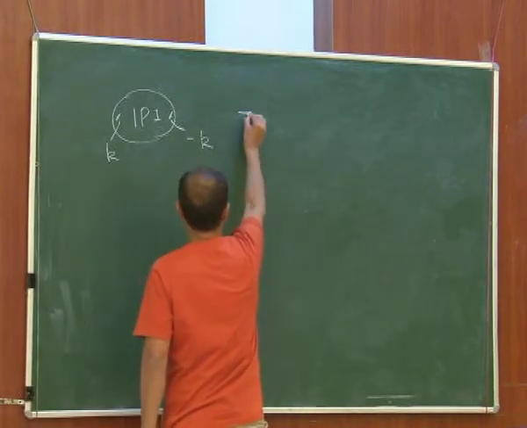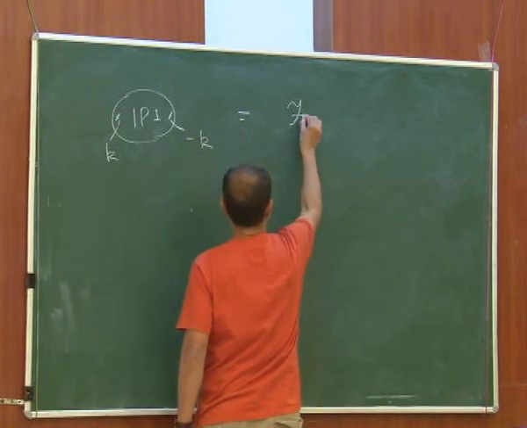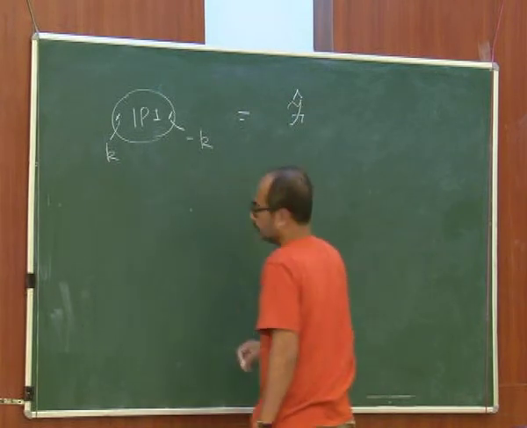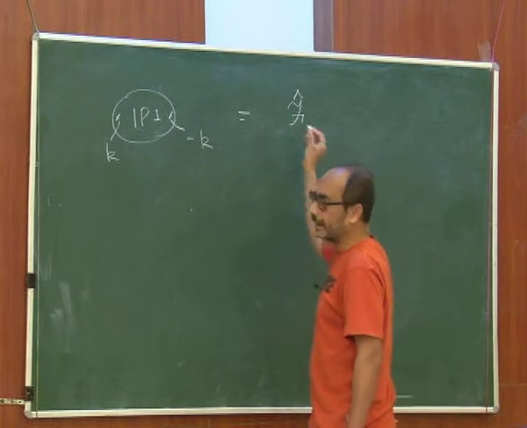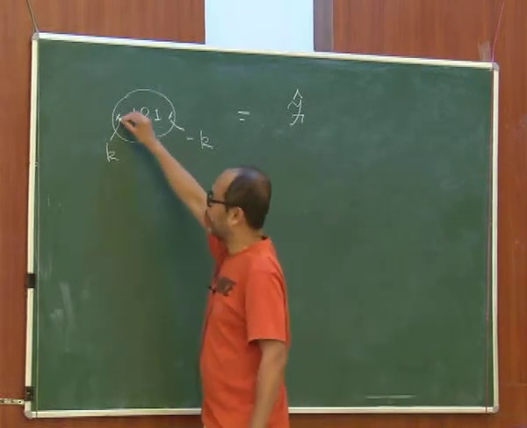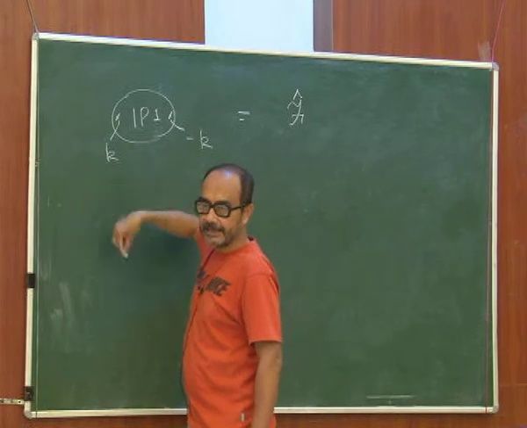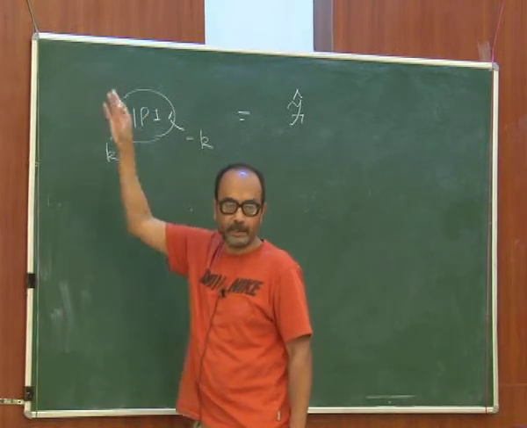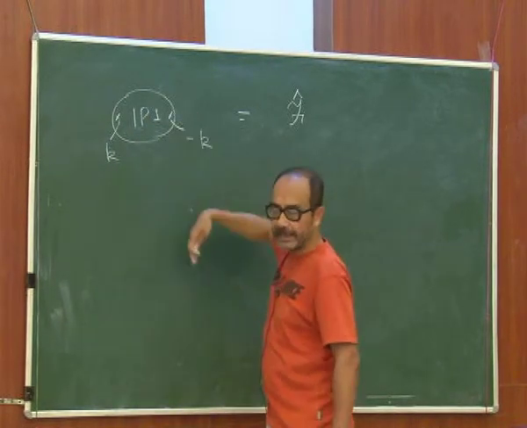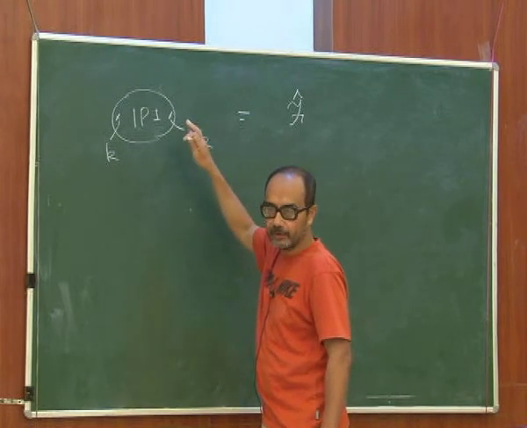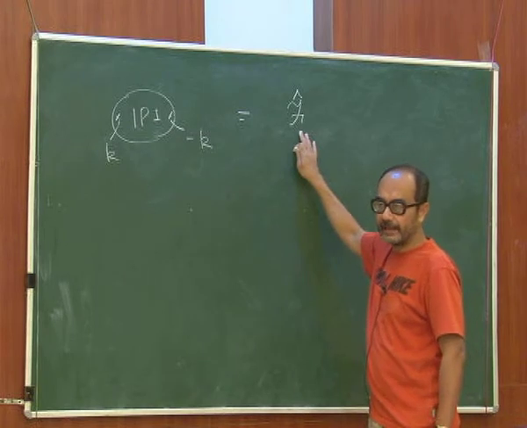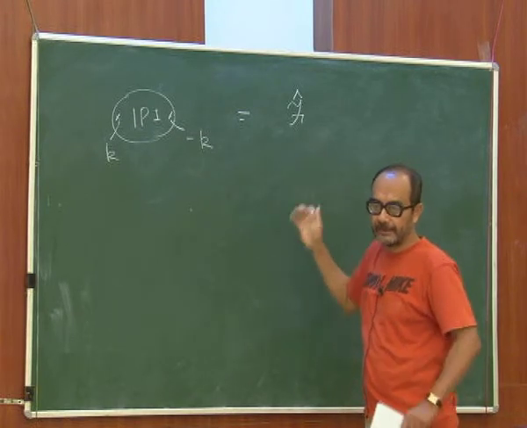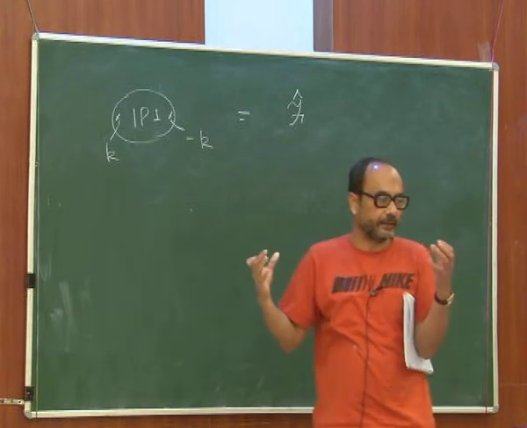So let's call this f hat. This f hat is an infinite by infinite matrix, because the state here can be any of the string states, right? There are infinite number of string states if you count all mass levels. Similarly, the state here can be any of the infinite number of string states. So this is an infinite by infinite matrix, but you can certainly think of f hat as a 2-point function, capturing all possible 2-point functions in string theory.